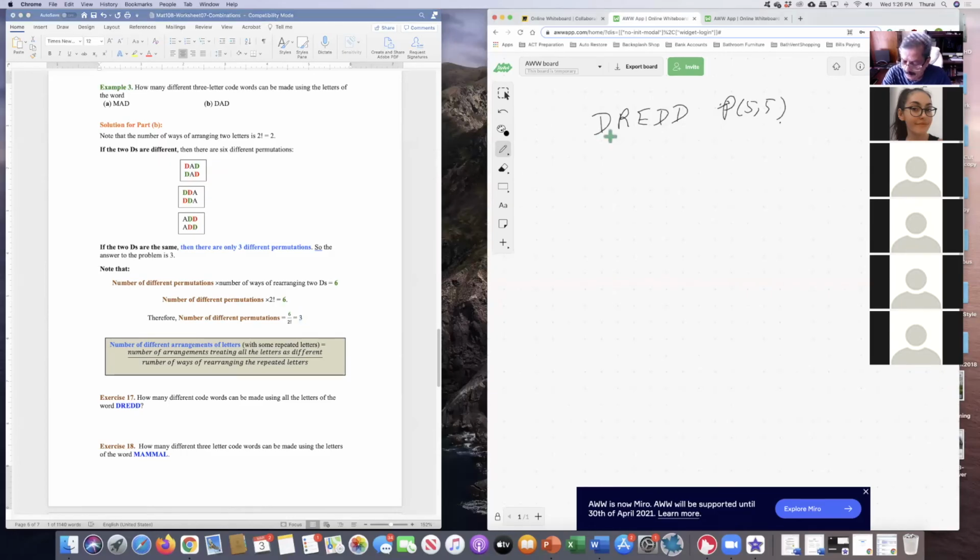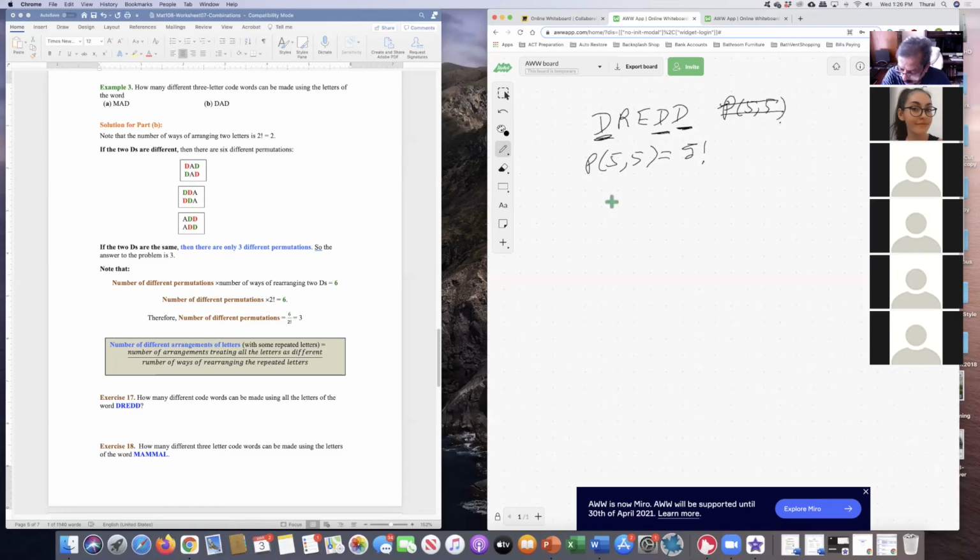There are 3 matching Ds, right? So to figure out how many different words there are, you first figure out, if the letters are all different, how many different words can be made. We arrange 5. If all 5 are different, then P(5,5) ways are there, which is factorial 5. Over factorial 3? Over factorial 3, exactly.